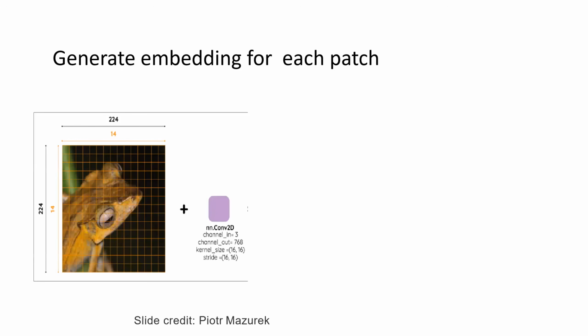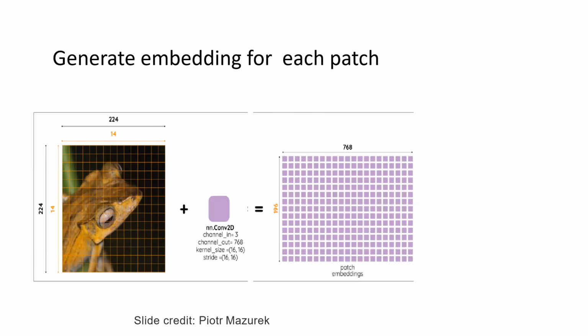So this is one token. We have a 768-dimension vector for that, because 16 by 16 is 256, multiplied by 3 is 768. So this is the embedding for each of the patches, and 196 of those.